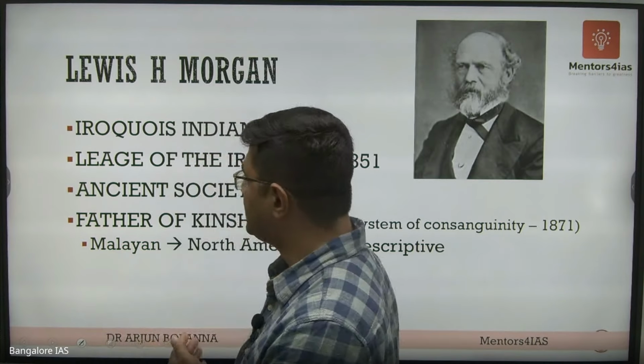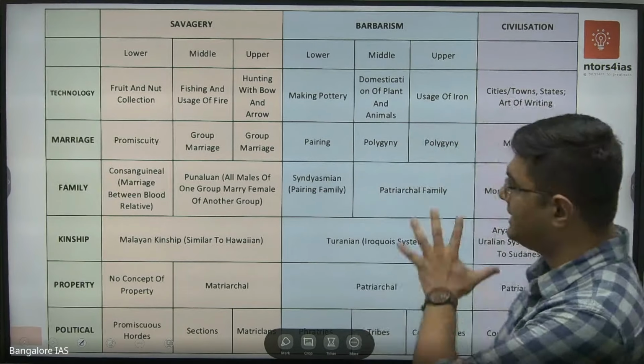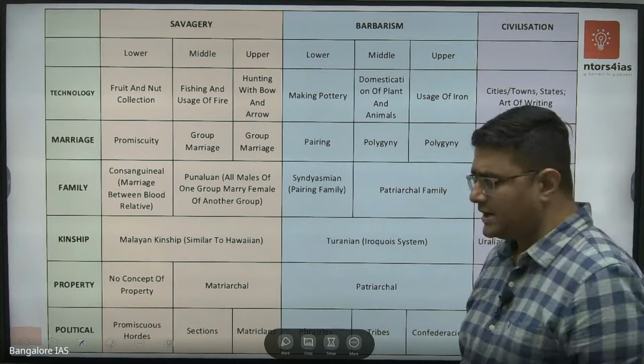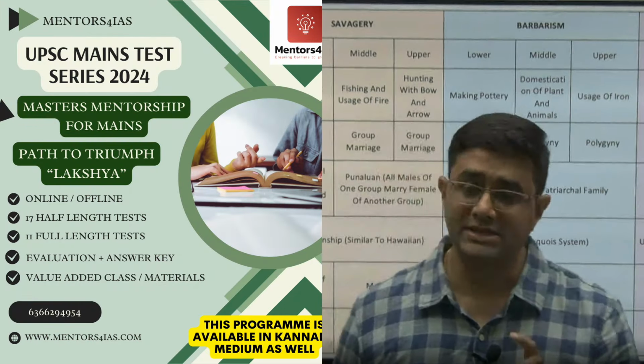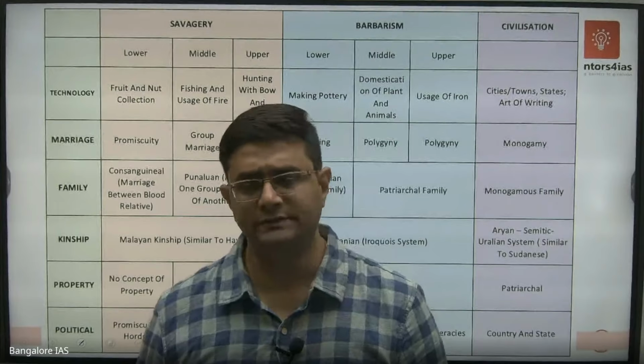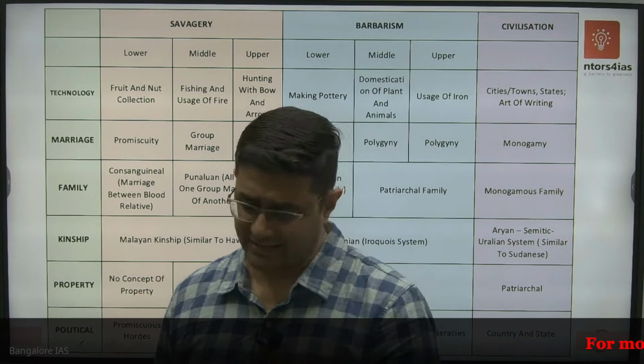Similarly, Morgan also came up with his scheme of classification. You need to remember this entire table from the exam point of view. It can be asked as a part of evolution theory, or it can also be asked specifically. If you see previous year questions, they have asked Morgan's classification of marriage. Something like that can be asked.